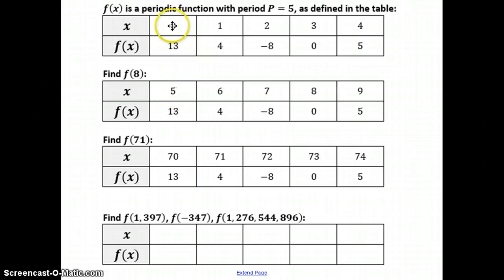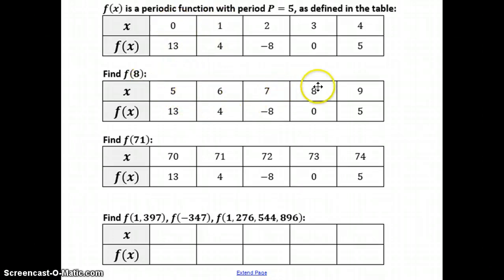So we have one complete cycle between this table and this table. So this is going to be f of 0, f of 1, 2, 3, 4. F of 5 is the same as f of 0. And so these are corresponding points on 2 consecutive cycles, and so the period is 5. Go from 0 to 5, 1 to 6, and so forth.